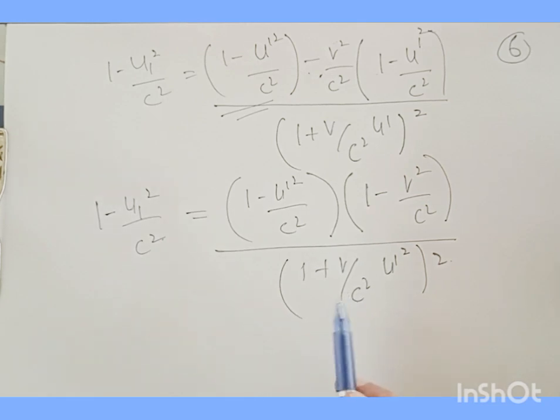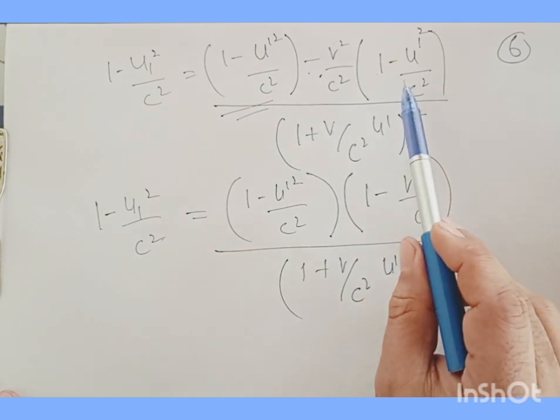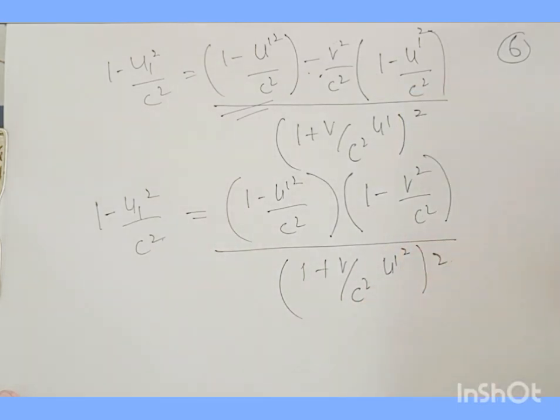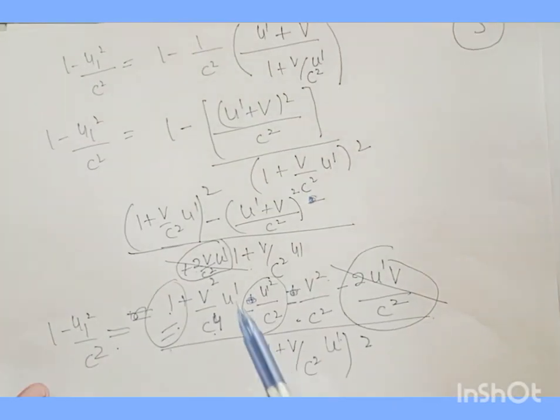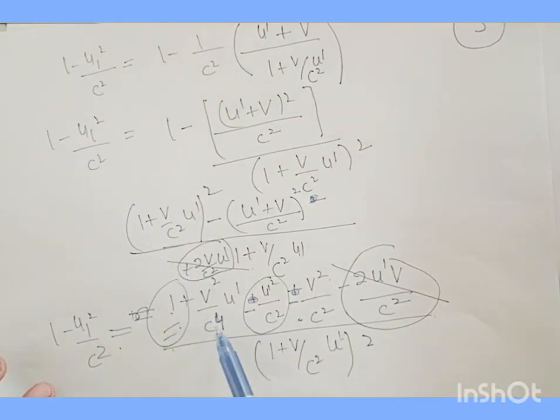If I take the root on both sides, what's going to happen here? Yes, it has to be u dash square here, because this is a square.